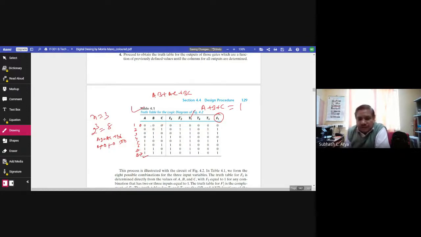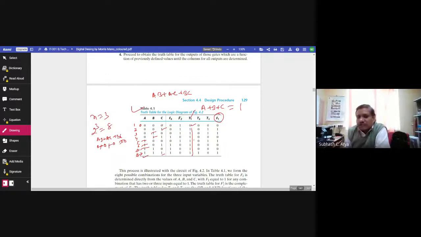So here you can see if all are 0, the output is 0, whereas if any input is 1, the output is 1. So you can see this is 1, this is 1, here 1, here 1, here 1, here 1. In all other combinations, at least one input is 1.